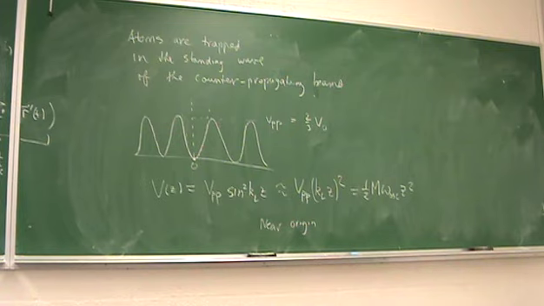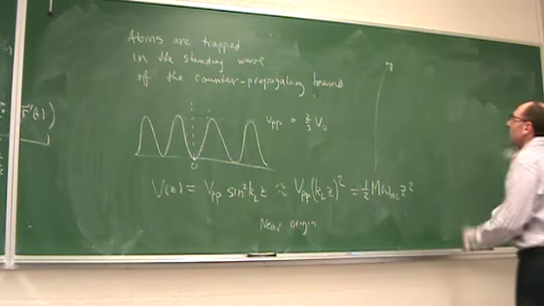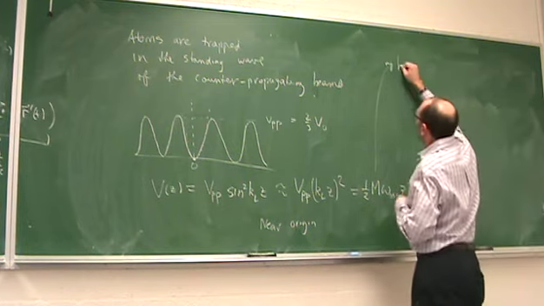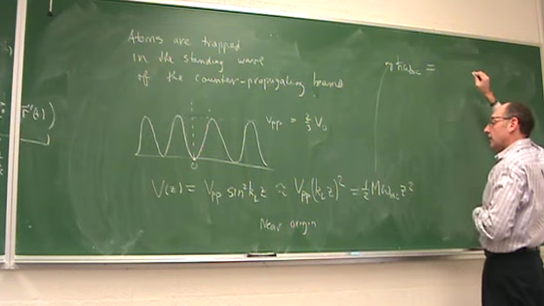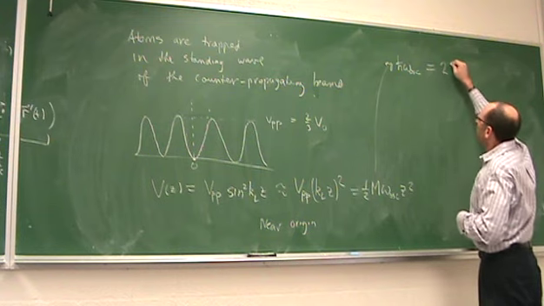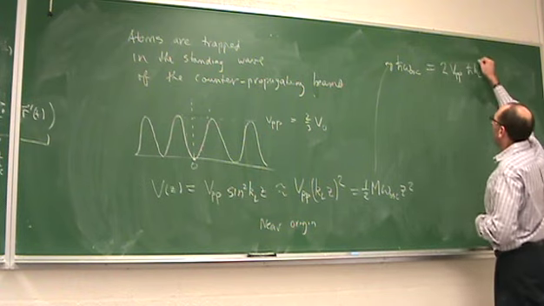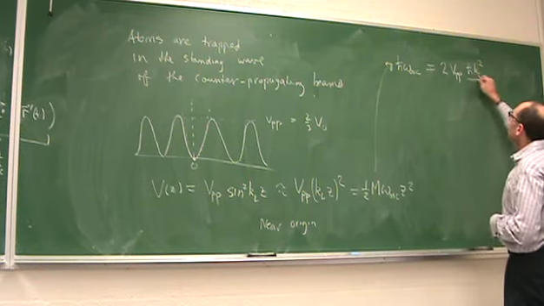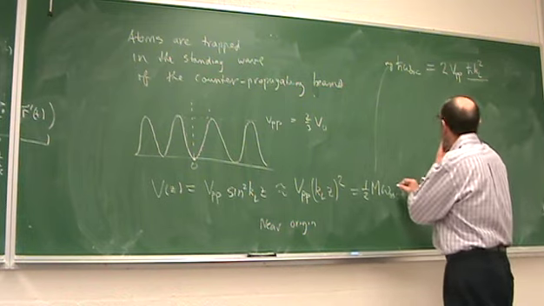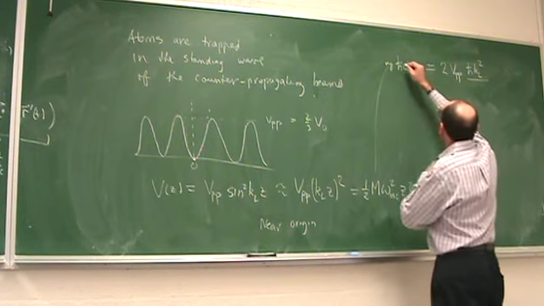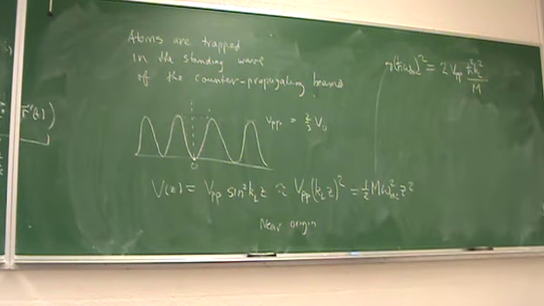So from this we can solve and find that if I write it as h bar omega oscillation, it is equal to twice the peak-to-peak height of that potential, h bar k squared, divided by the mass. So that's my harmonic oscillator.